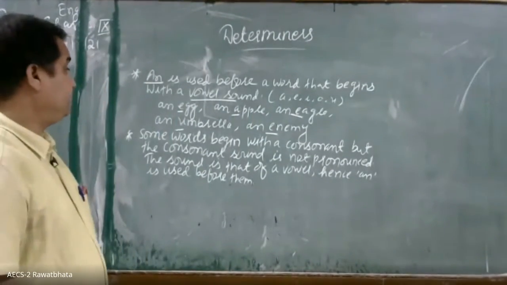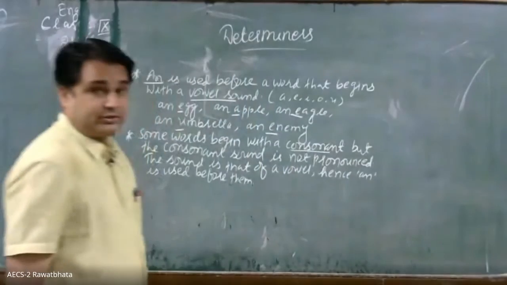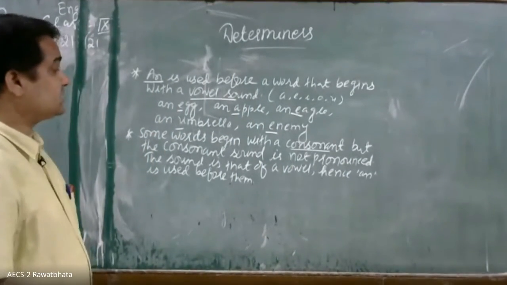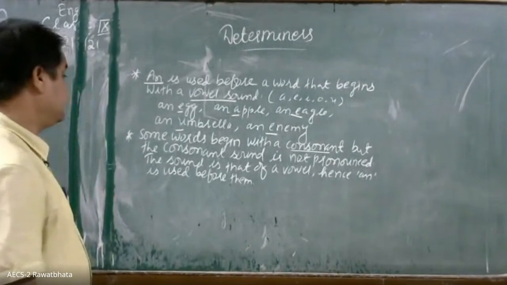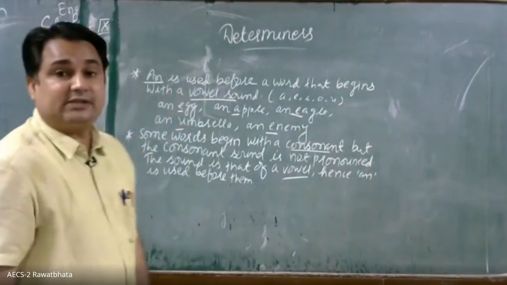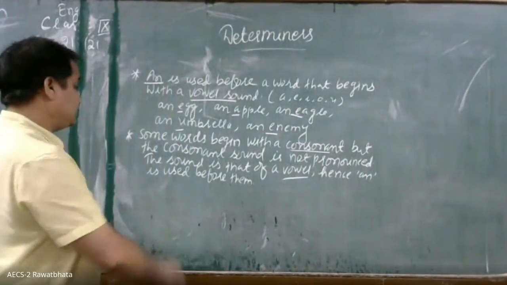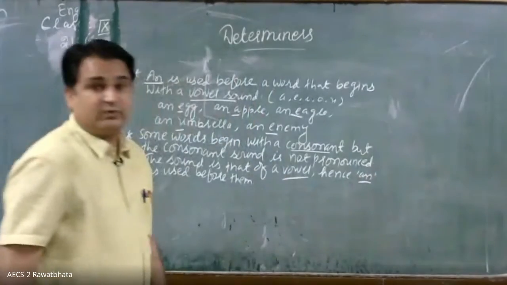Some words begin with a consonant, but the consonant sound is not pronounced when we speak them. The sound is that of a vowel. And as the sound is that of a vowel, what is used before them? "An" is used before them.